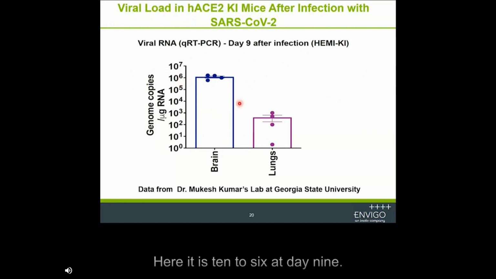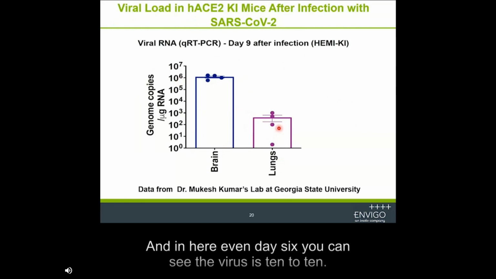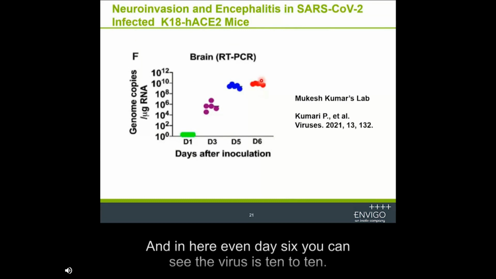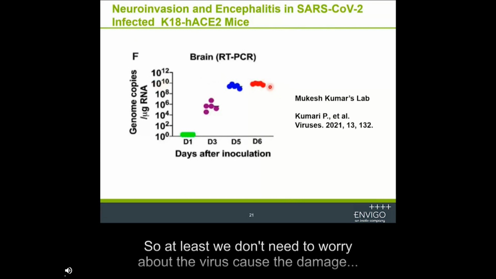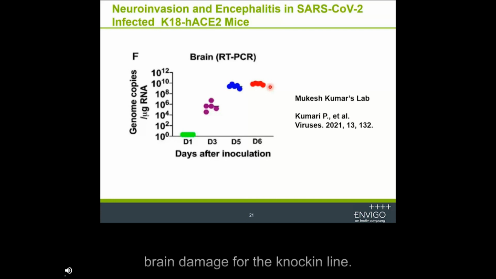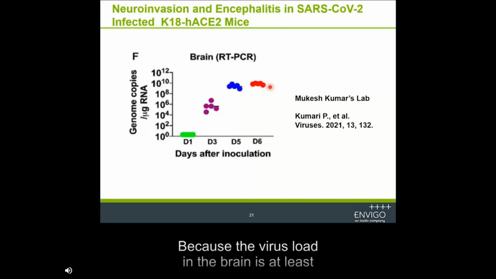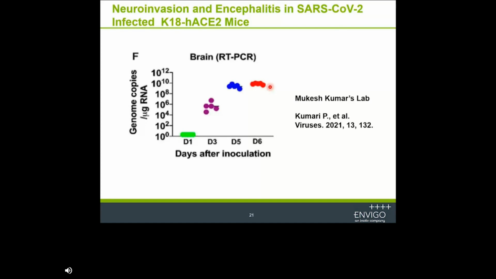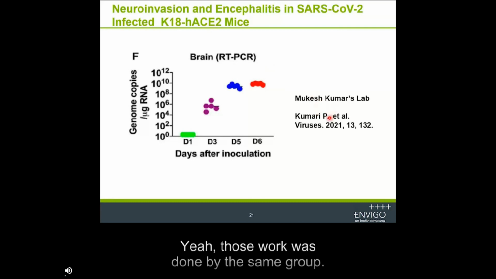Here it is 10 to the 6 at day 9, and in the K18 model, even at day 6, the virus is 10 to the 10. So at least we don't need to worry about the virus causing brain damage in the knock-in line, because the virus load in the brain is at least 1,000 times lower than the K18 model. That work was done by the same group.